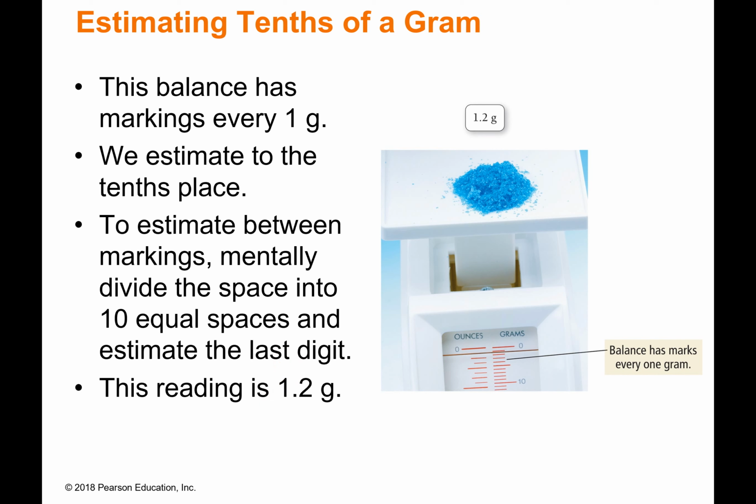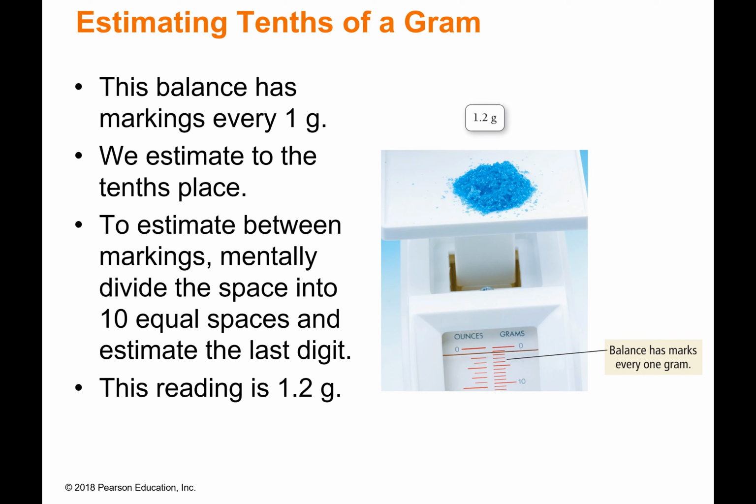Why did they come up with that? You can mentally divide the lines even further, into another 10 dashes. Just mentally, you don't actually have to do it. Then you can estimate where exactly the balance is showing the mass.